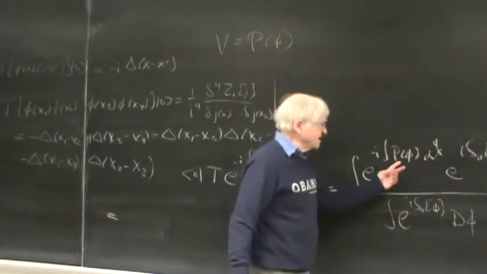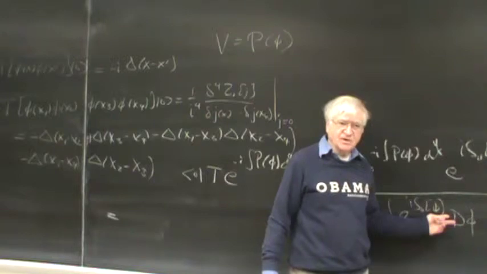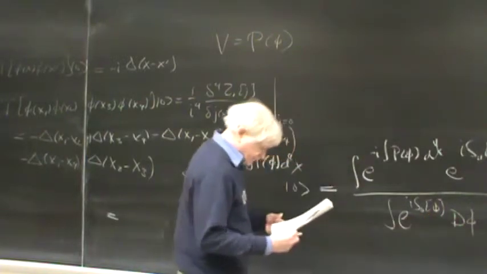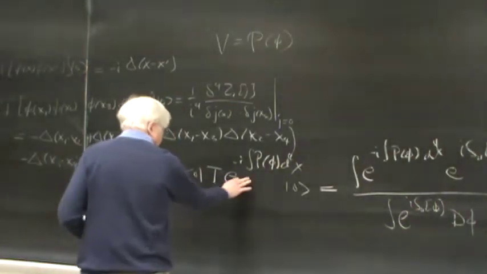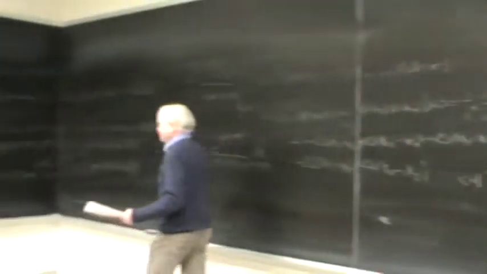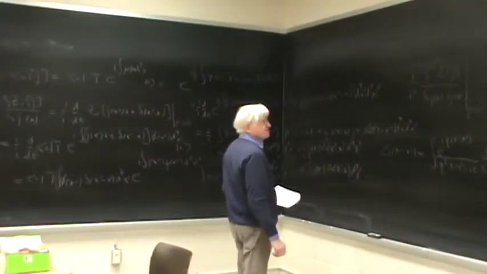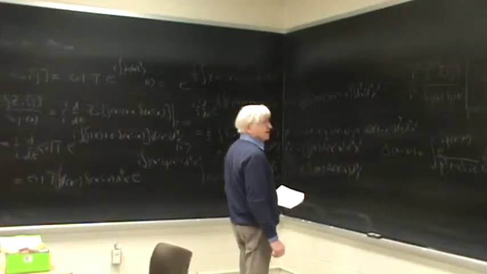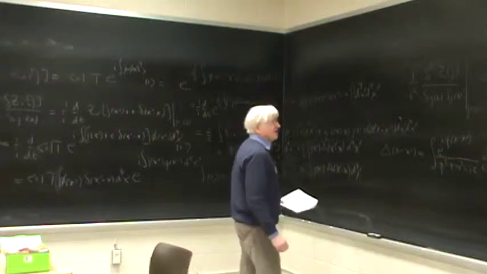Anytime we want a phi, all we do is functionally differentiate with respect to J. All right, so what we do is we say, aha, this thing is in fact, just as, so let me give you the just as.